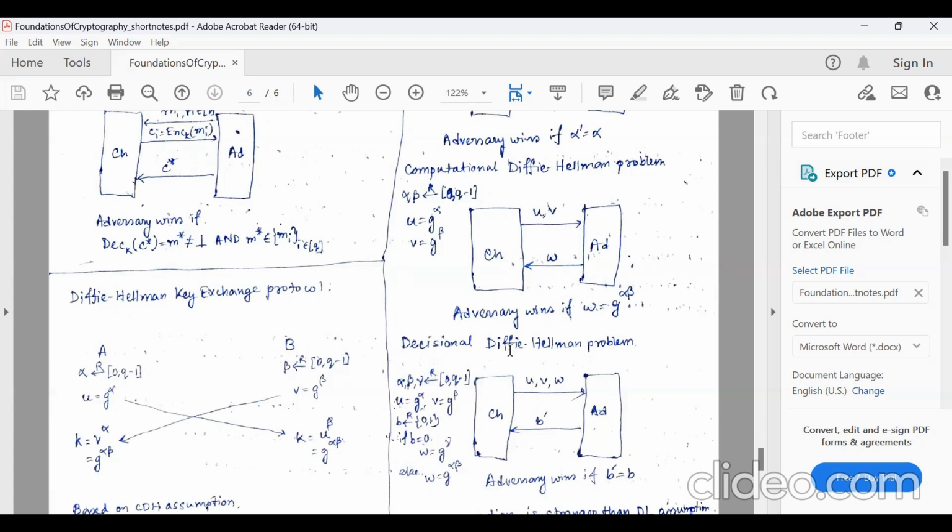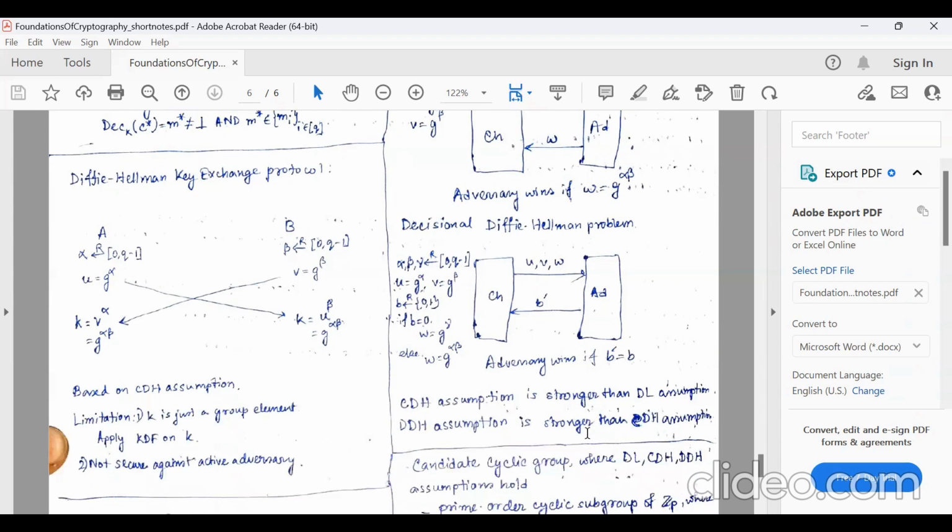Okay. So the adversary here also wins if b dash is equal to b, and the DDH assumption holds true for the candidate groups where the DDH problem is hard to solve by any PPT adversary. The DDH problem is comparatively easier to solve, so the DDH assumption is a stronger assumption than the CDH assumption.